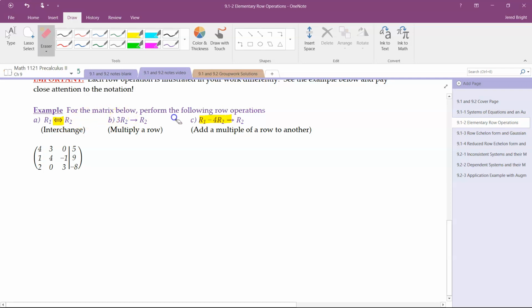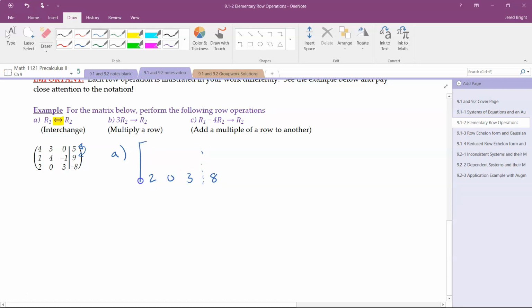For the first one, when we have R1 double arrow R2, if you can imagine double arrows going both ways, that means interchange. So for part A, we're going to take the first two rows and swap them. The third row is going to stay untouched: 2, 0, 3, 8.